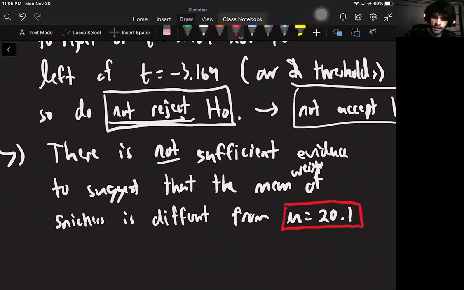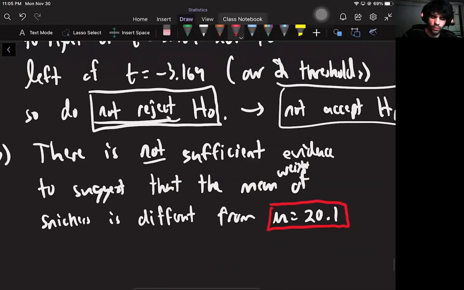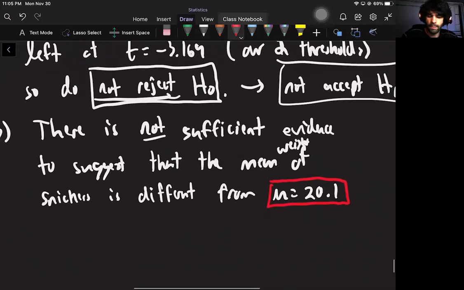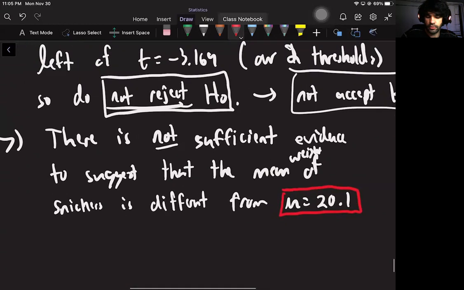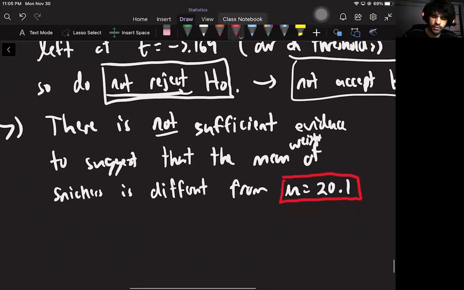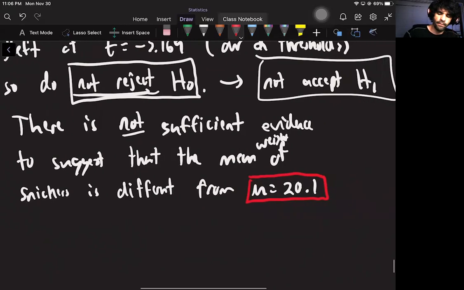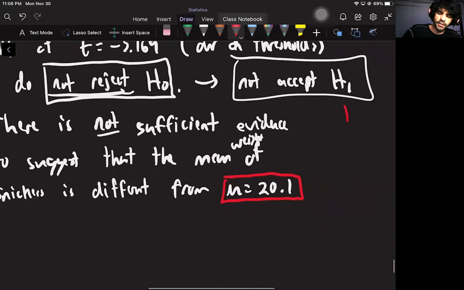We're never accepting that the null hypothesis is true. We're just saying that we didn't find a weird enough sample to think it's wrong. So it could be true, but we're not saying it's true. We're just saying it could be true. So that's the subtle difference of saying that we're not accepting H1.